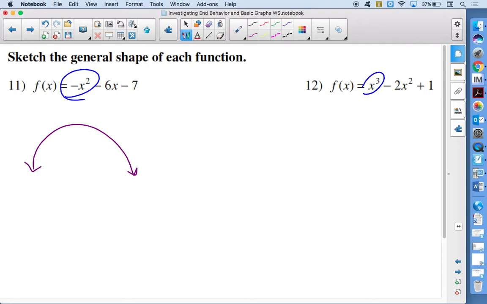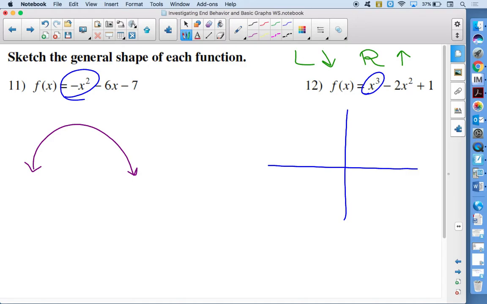If I have x cubed and we're trying to make a general sketch, think of the end behavior. The whole front of the page was getting you to think about end behavior. So Jesse, if it's x cubed, that means we have an odd degree and it's positive. What's the end behavior going to be? So left would go down, right would go up.